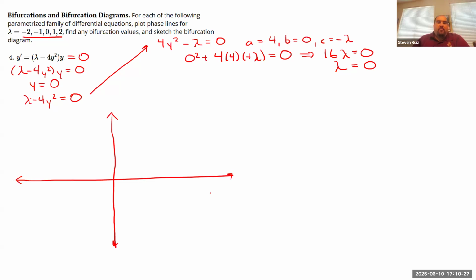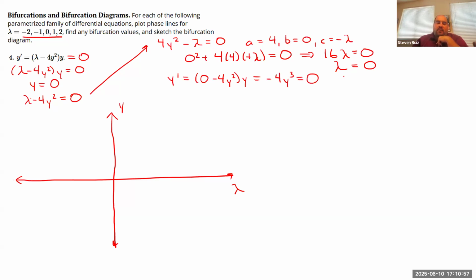All right, so again, the horizontal axis goes for the parameter, the vertical axis goes for the dependent variable. We're going to let lambda equal 0, which means the differential equation we're looking at is y prime equals 0 minus 4y squared times y, or negative 4y cubed.